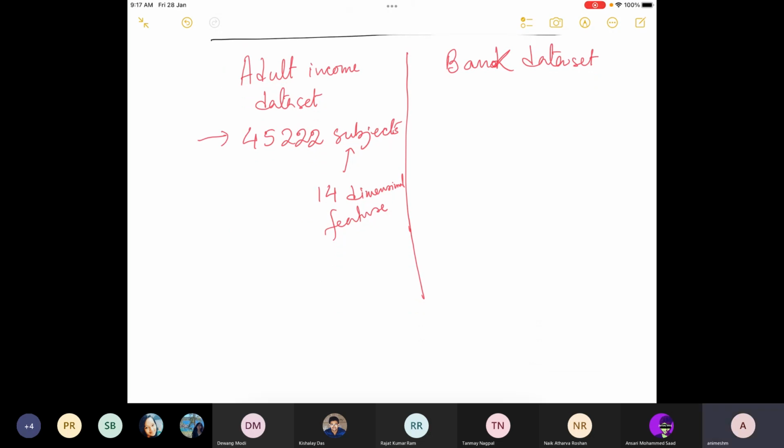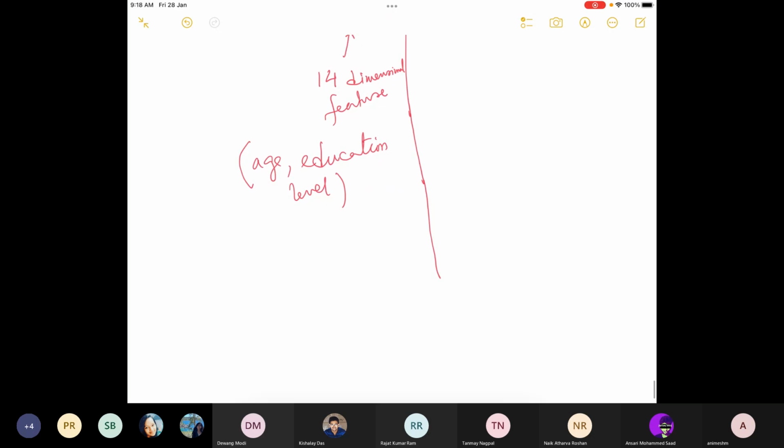Now, these features could be age, education level, etc. Okay, and there are again two classes.